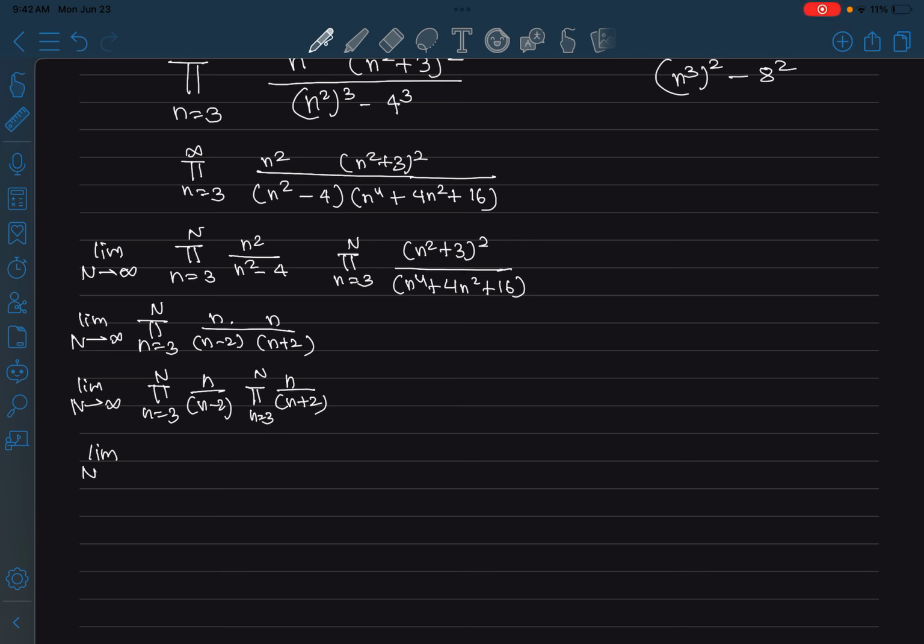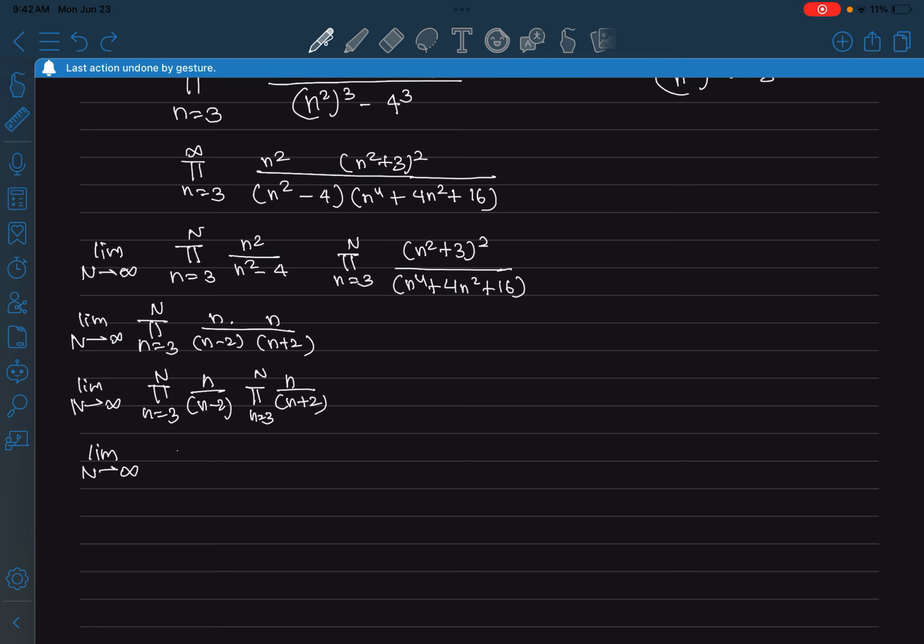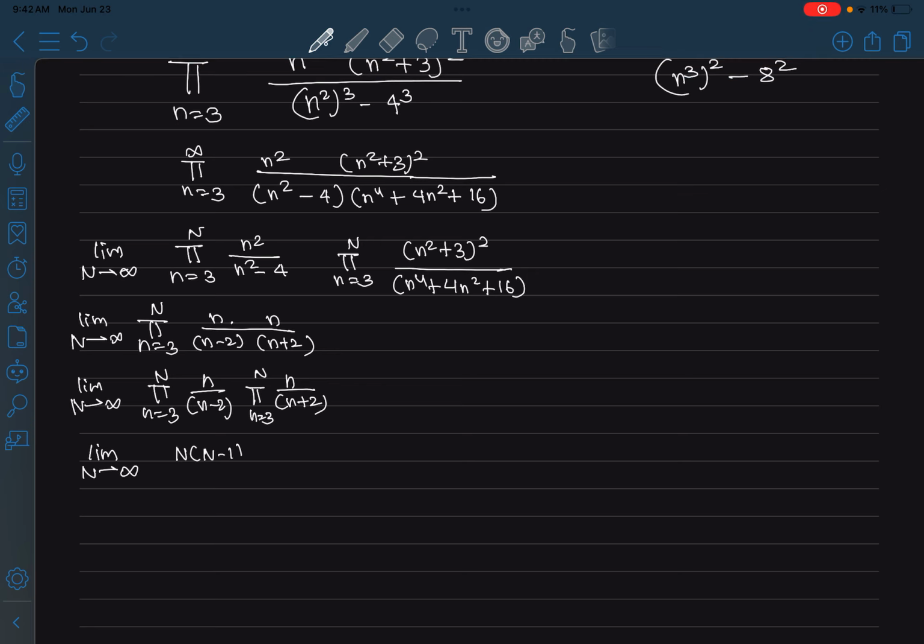Now the first one. Since this is n by n minus 2, every term 2 steps afterwards in n minus 2 is going to cancel with the term 2 steps previous.